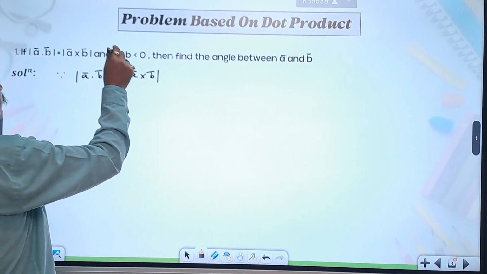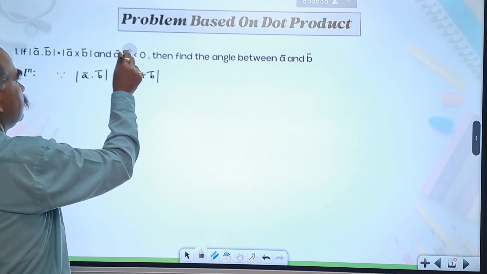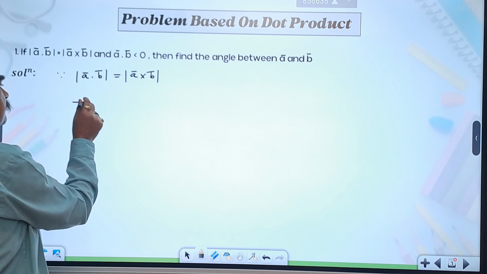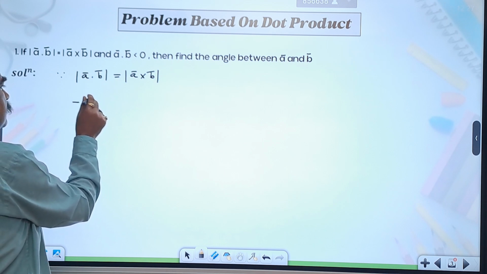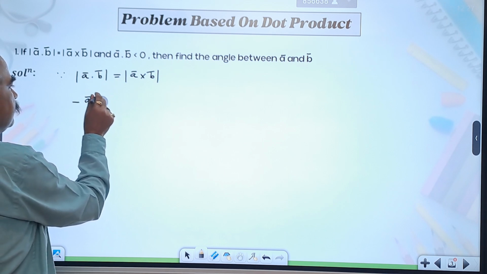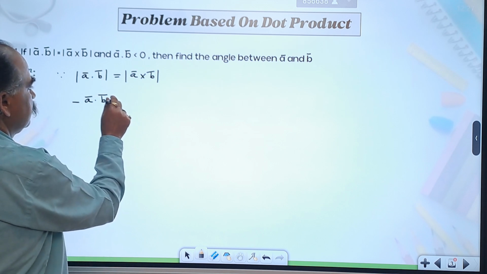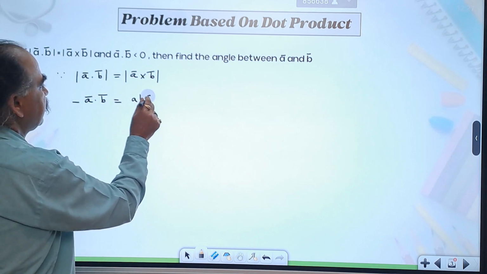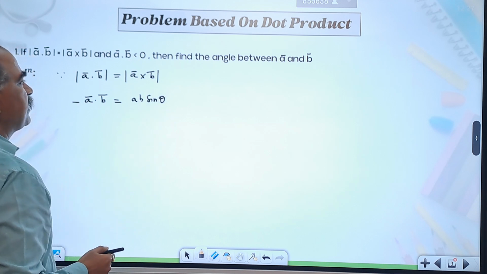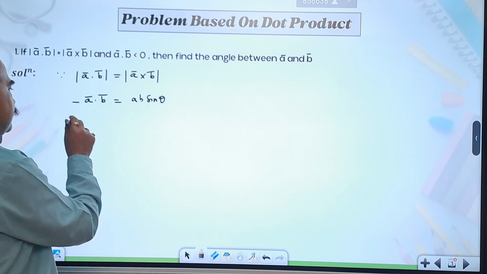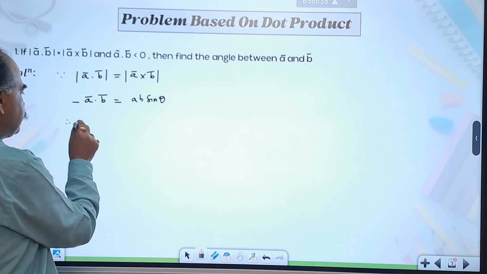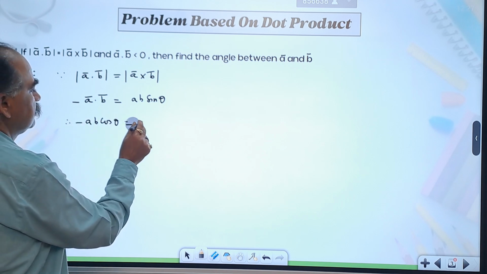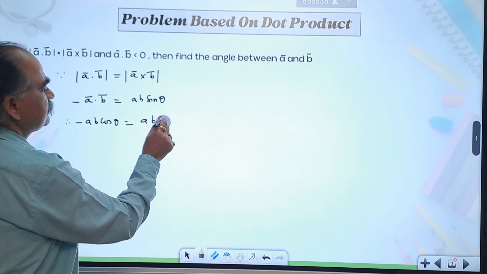So when a dot b is negative, this means modulus of a dot b will be minus a dot b, which is equal to AB sine theta. Magnitude of A cross B is AB sine theta. Therefore, minus AB cos theta is AB sine theta.